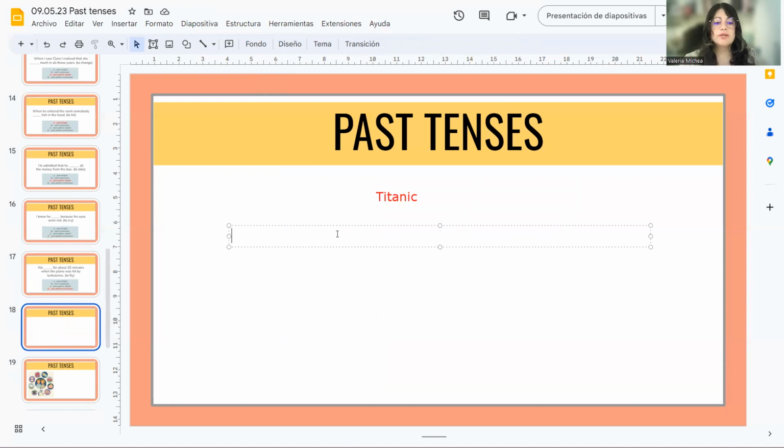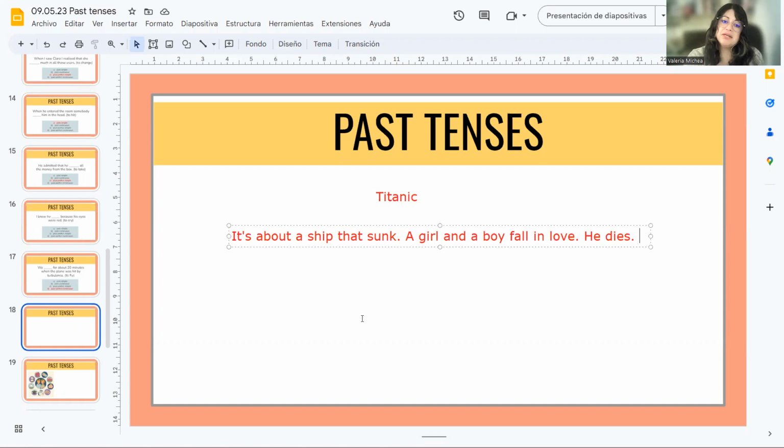I can tell you about the movie, and I say it's about a ship that sank. A girl and a boy fall in love. He dies. All right, so I can tell you the story like that. It's okay, you will understand the main idea of the thing. We have two people falling in love, someone dies because the ship sank.